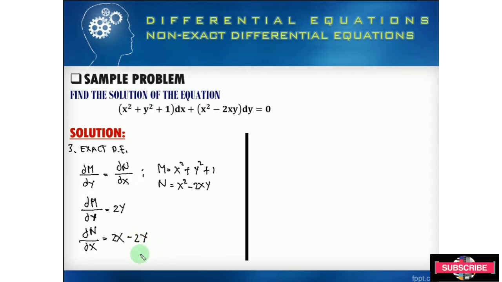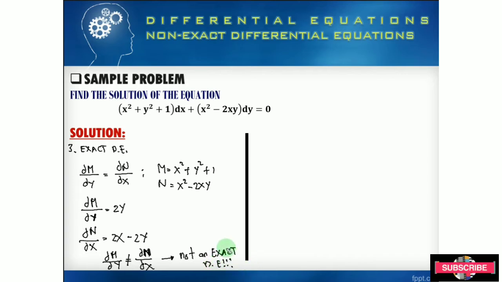So we can say that our partial derivative of M with respect to y is not equal to the partial derivative of N with respect to x. So this cannot be solved by using exact differential equation. So we can say that this is not an exact differential equation.